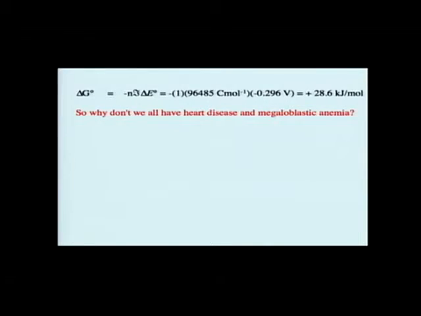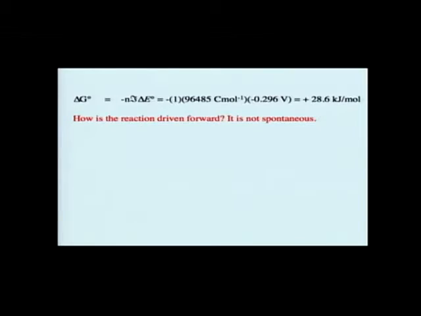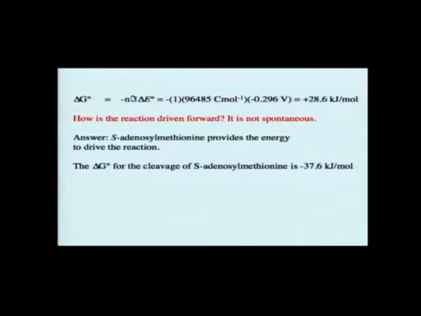So why don't we all have heart disease and megaloblastic anemia? Those are problems associated when this particular enzyme is not functioning. So what happens in this system is what happens in a number of biological systems. How do you drive something forward that is not spontaneous? What you can do is put energy into the system to drive that non-spontaneous reaction.